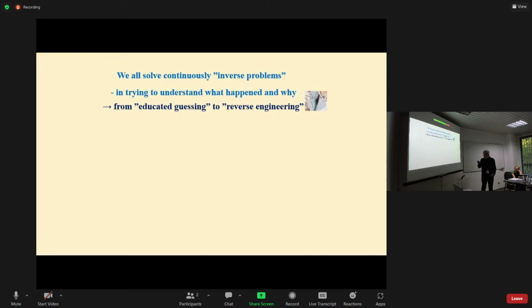So this lady is just studying a test tube after a synthesis, trying to find out what did I get here actually, and then you can do reverse engineering, and modeling is often very useful in reverse engineering.